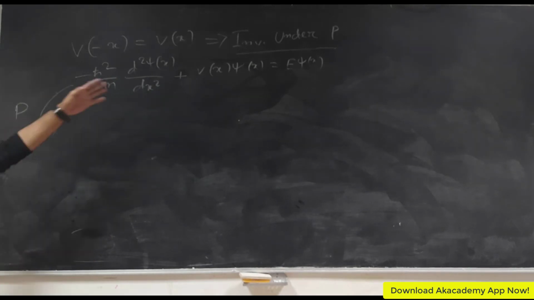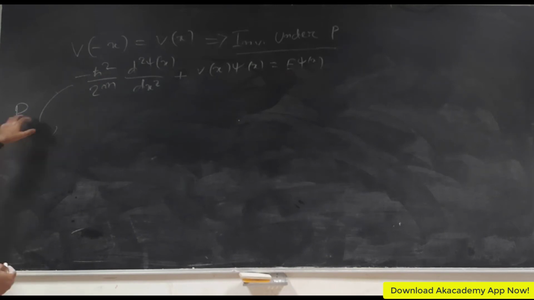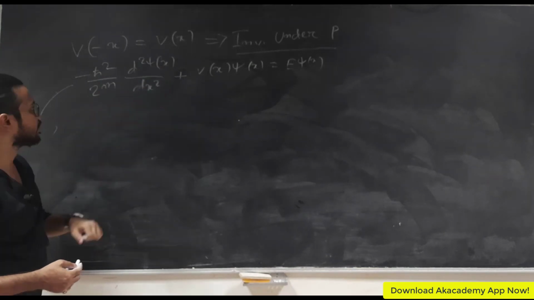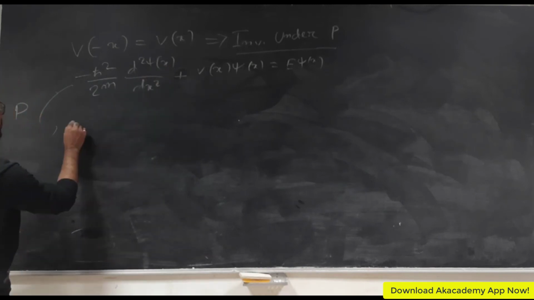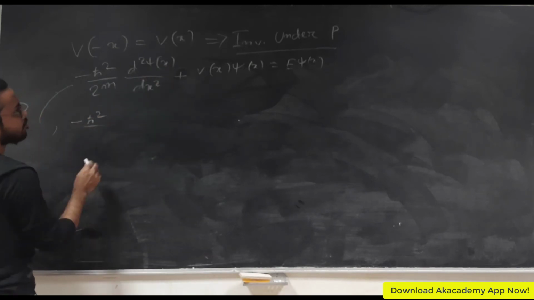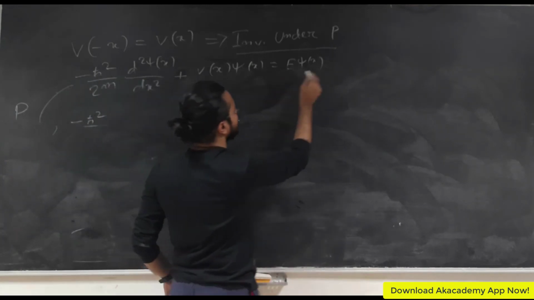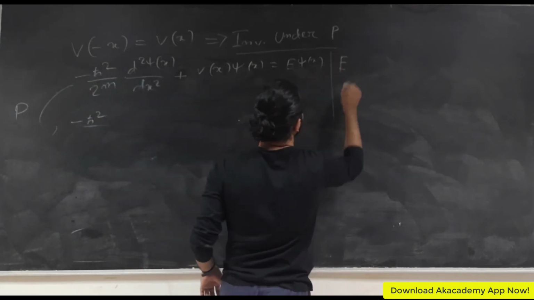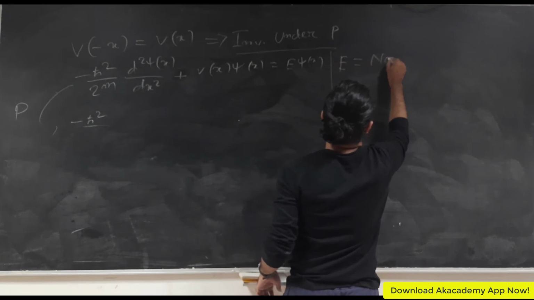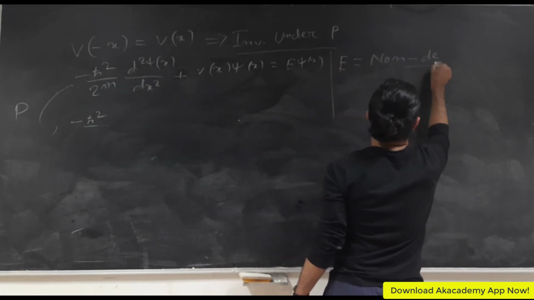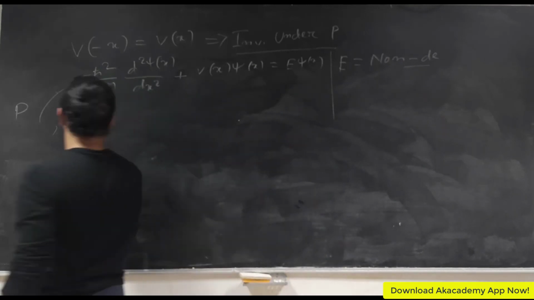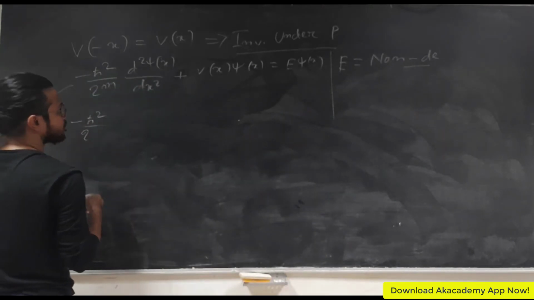The parity operator will flip the sign of x, it will transform x to minus x. And mind you, this E is non-degenerate. We'll see what happens when E is degenerate.